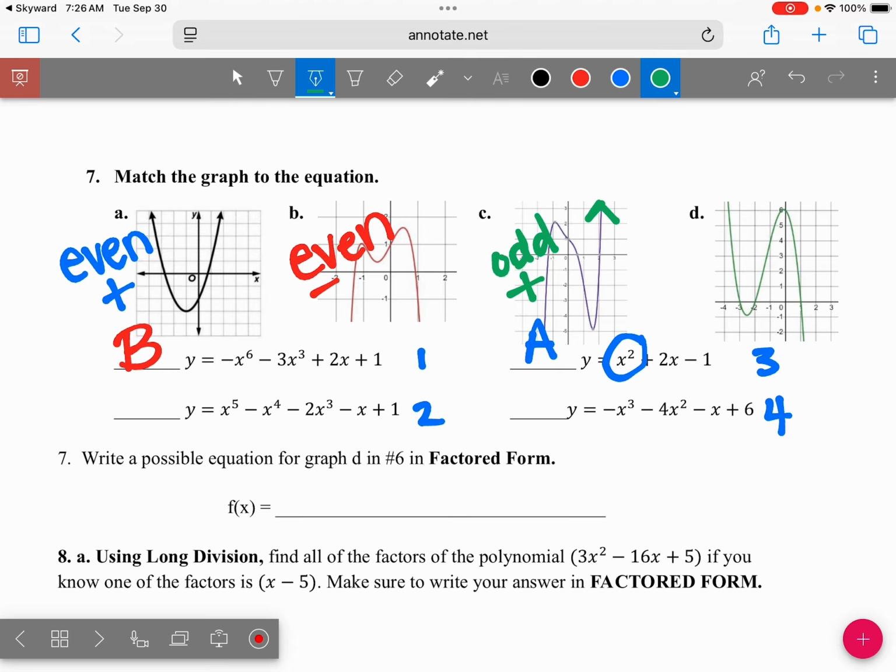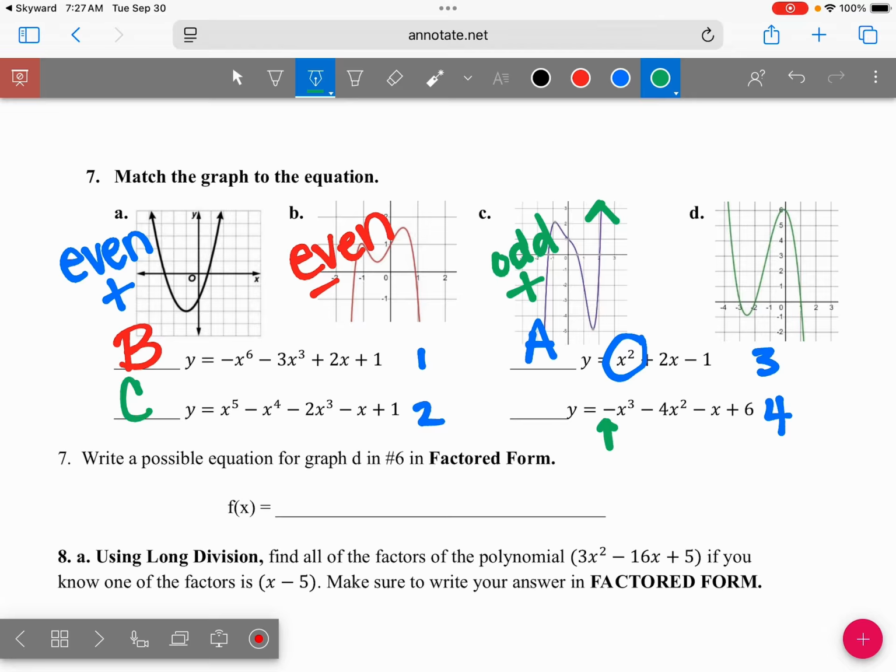So what equation would you match it with? 2 or 4? Which one of those is even and positive? Well, 4 has a negative right here. So it's 2. So this one would be C.